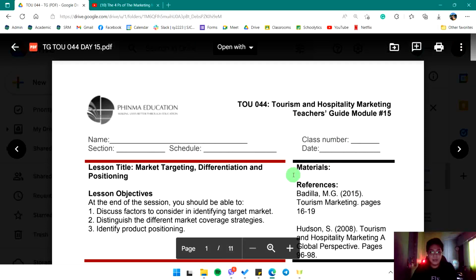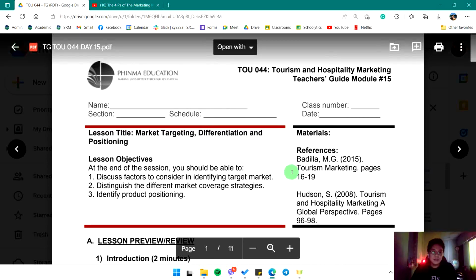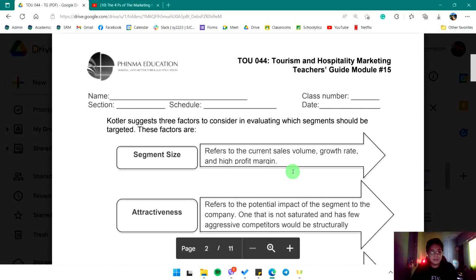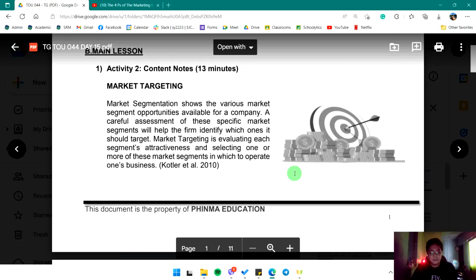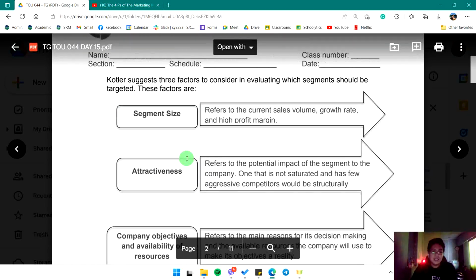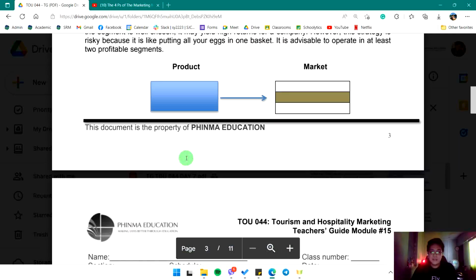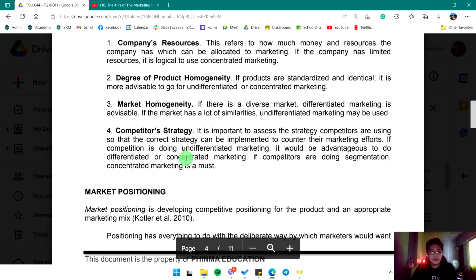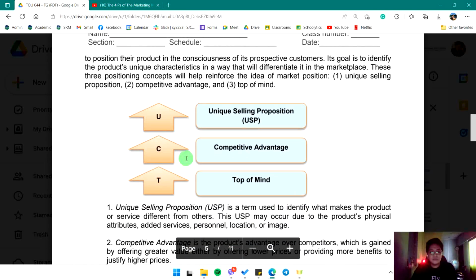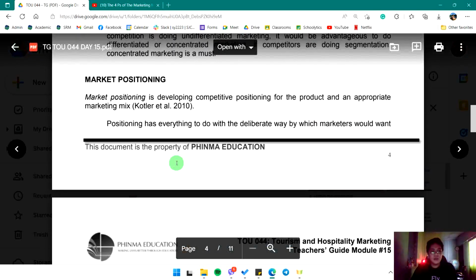Module number 15 naman tayo. Pagdating sa module number 15, pag-uusapan naman po natin dito is market targeting, differentiation, and positioning. Actually, this is a little bit more specific, pero mas gusto kong pag-usapan natin dito is market positioning.